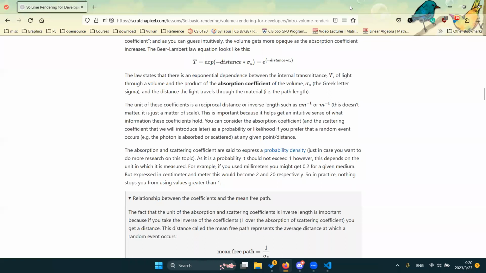Otherwise, the probability doesn't make sense, because if you double the distance, it's not simply doubled. That's why it's a density, not a probability itself.